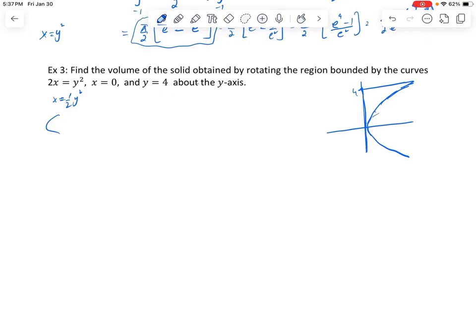So we notice that we have this region that we are talking about. I don't need this piece of the parabola, so I'll get rid of that, just this much. That is our region and we are going to revolve it around the y-axis.